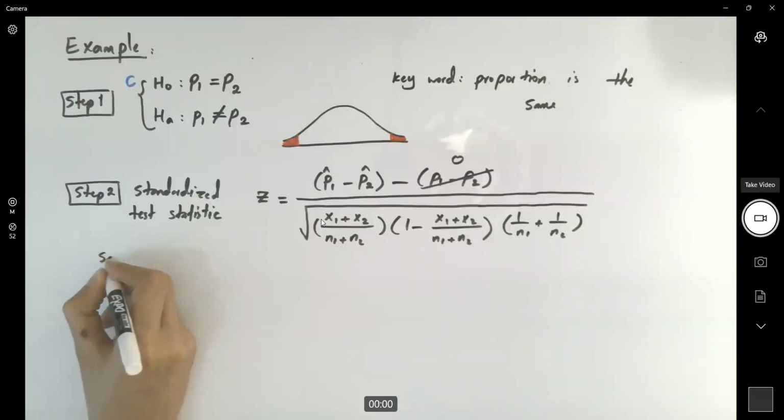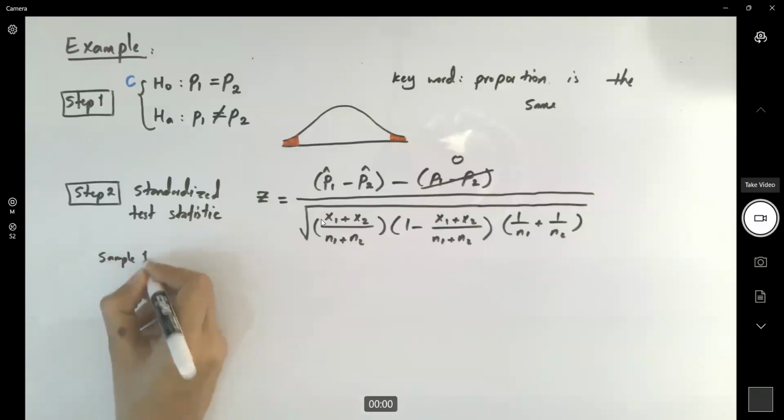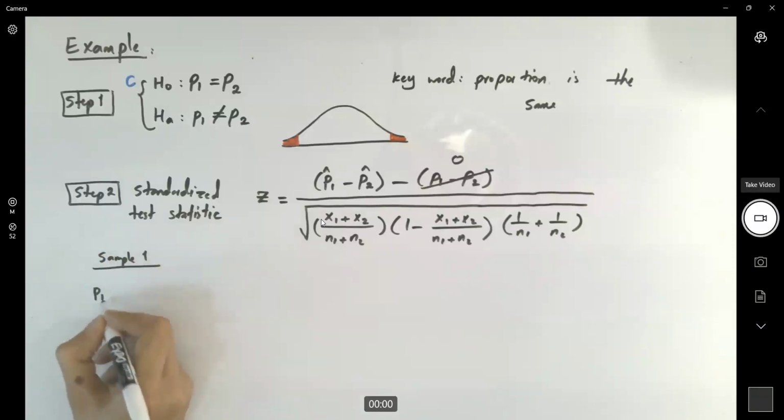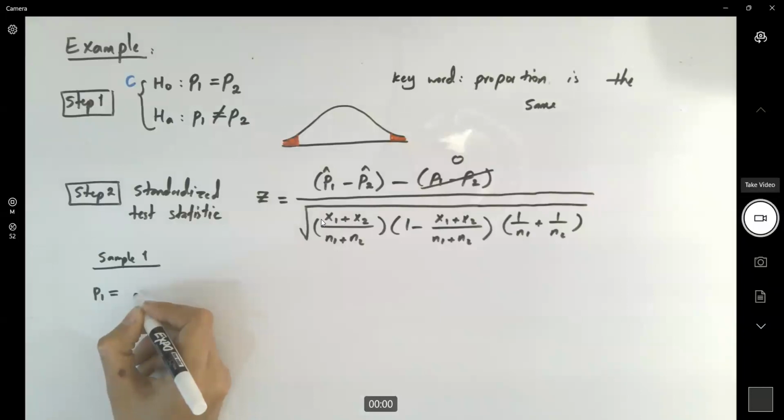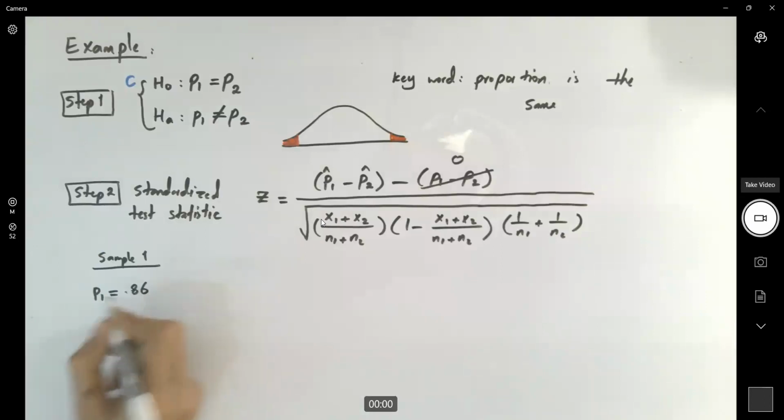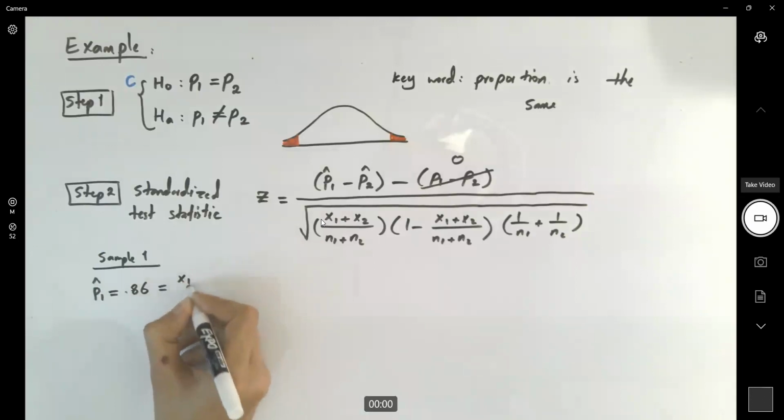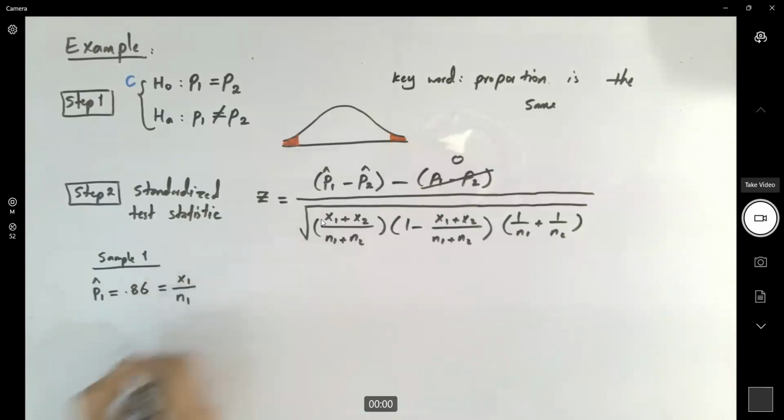Take a look at this. This is your sample one. In sample one, P1 is equal to what percent? Well, 86%. But what's the definition of P1 hat for sample one? It is defined as x1 over n1. So 86% is equal to x1 divided by n1.